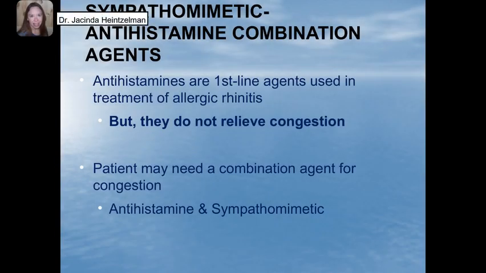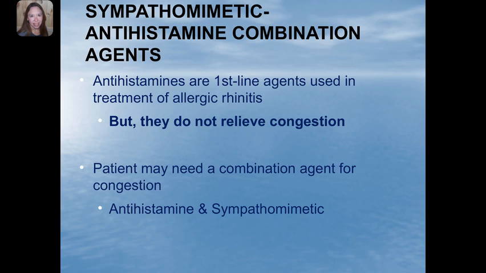We talked about how glucocorticoids are going to relieve all the signs and symptoms of allergic rhinitis. We also talked about how antihistamines are a first line treatment also used in treating allergic rhinitis. The problem with the antihistamines is they don't relieve the nasal congestion.